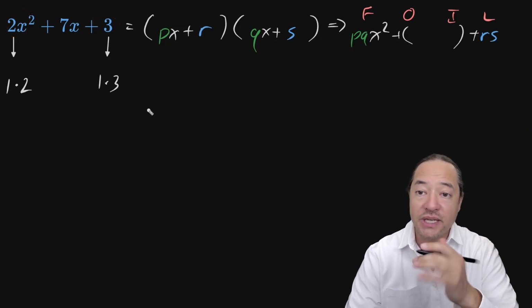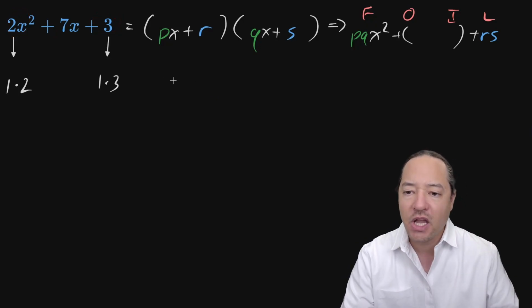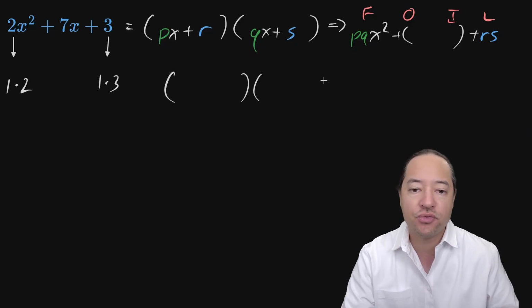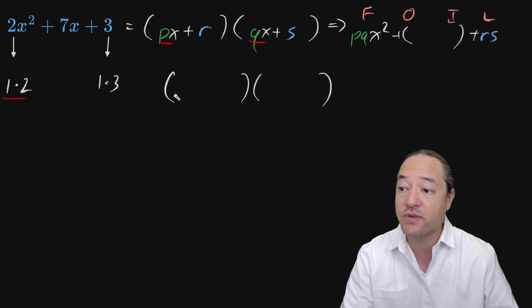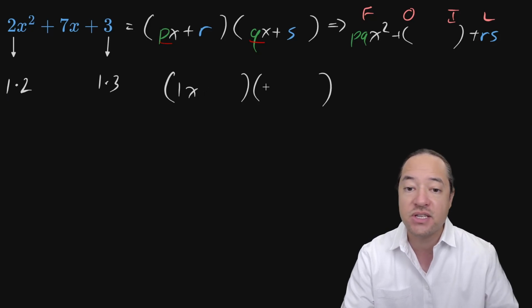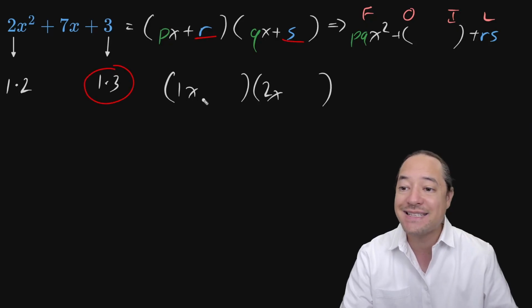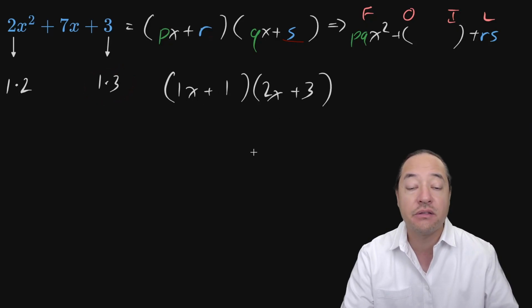And so the whole point is that there must be some product here where, for example, these represent the p and the q. These are the first terms, right? So this must be some kind of 1x. Here we'll have a 2x. And then these must be the last terms. So this must be a plus 1, and this could be a plus 3, right?